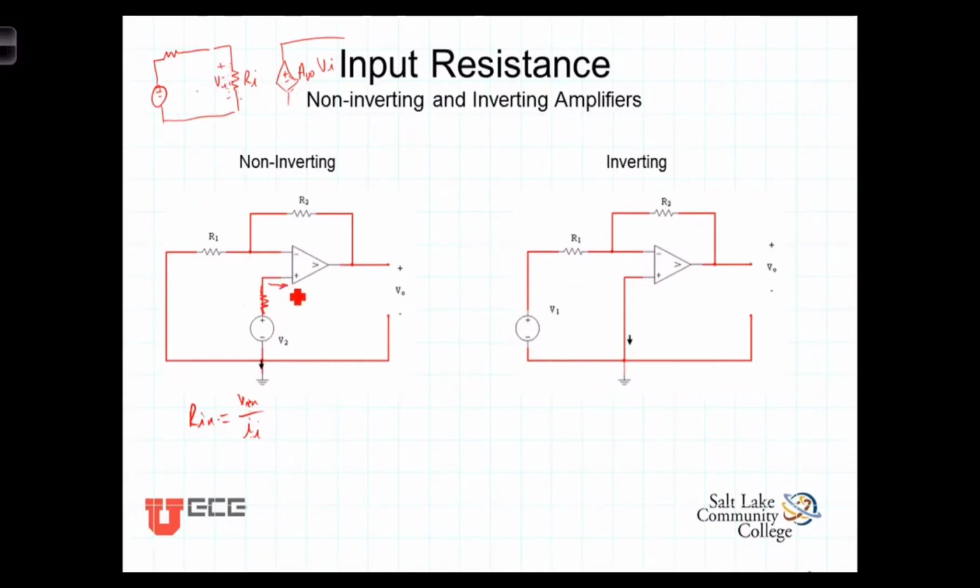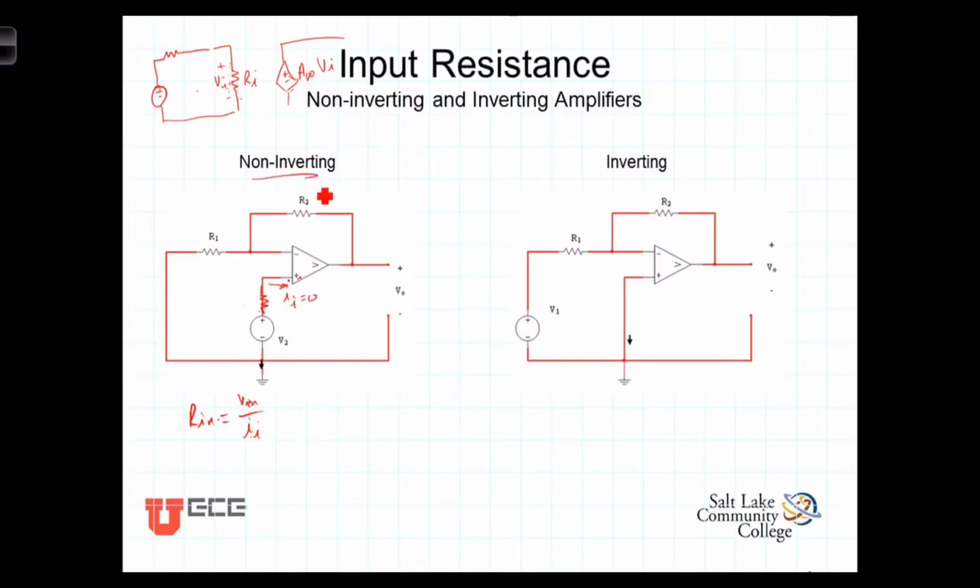Because this source is connected directly to the non-inverting terminal that has, in the ideal case, an infinite input resistance, the current going in, In, is going to equal 0.